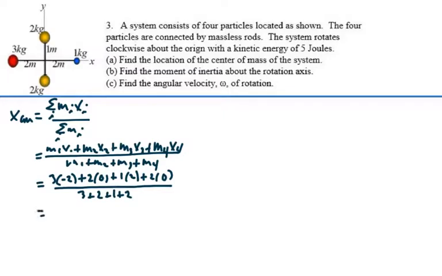So that is equal to negative 6 plus 2, which is a negative 4, over 8, or a negative 1/2 centimeters is the x location of the center of mass.